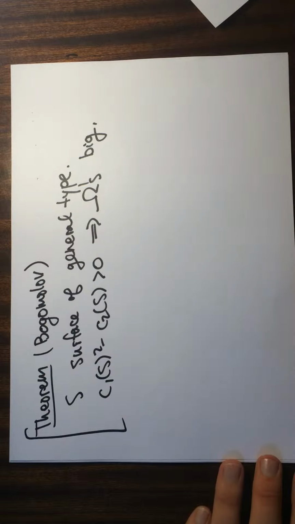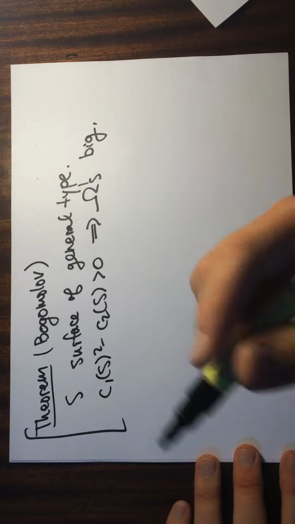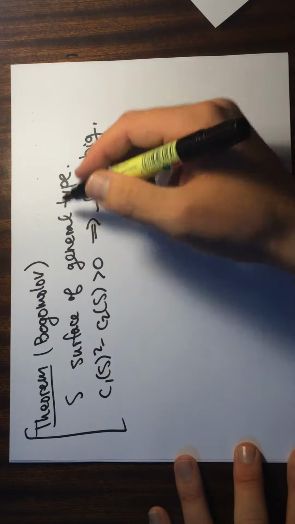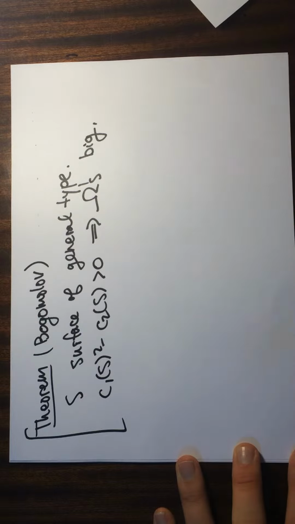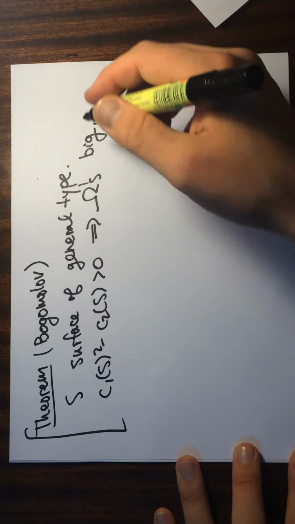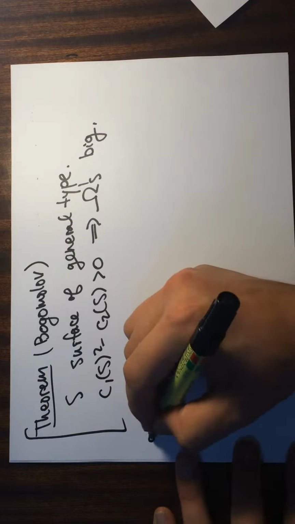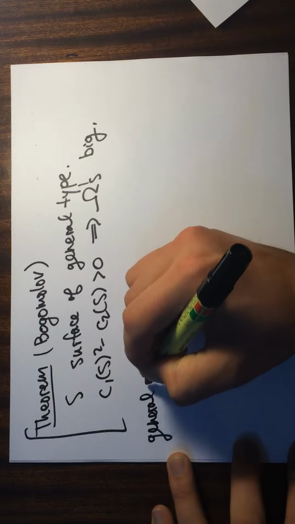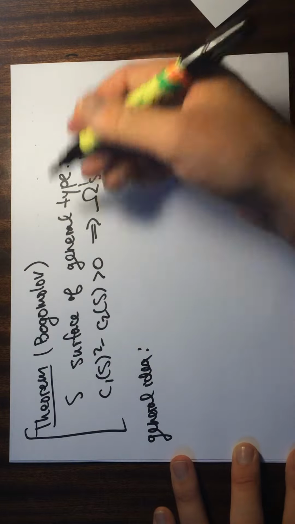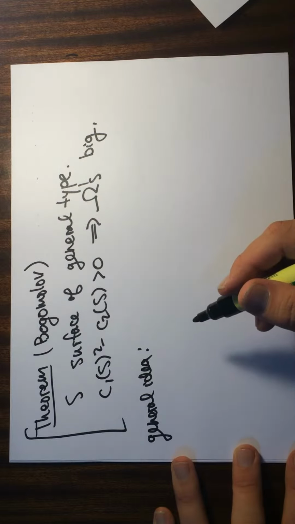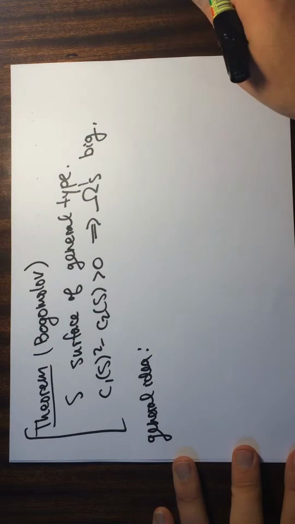So let's recall that this is a vector bundle of rank 2, and we need to talk about positivity properties. The general idea, and this is due to Hartshorne, is that there was a zoo of positivity properties in the 70s that had to be cleared up.